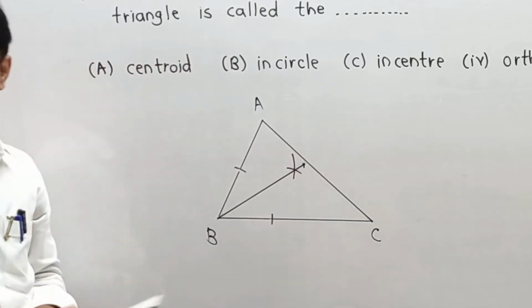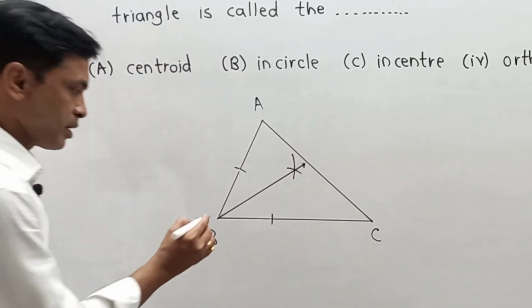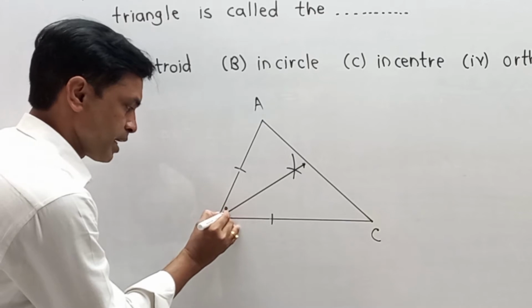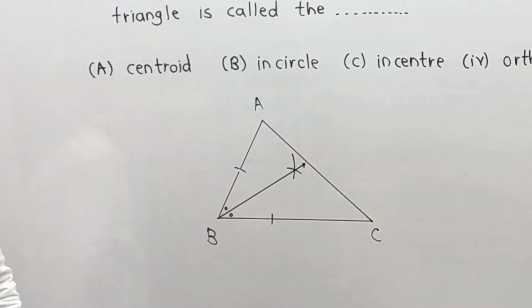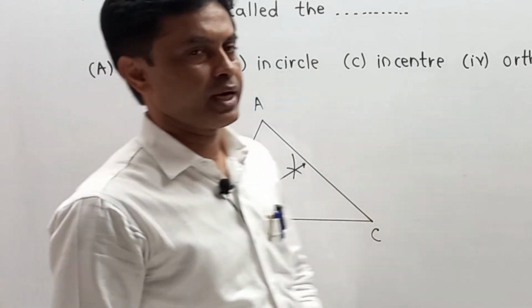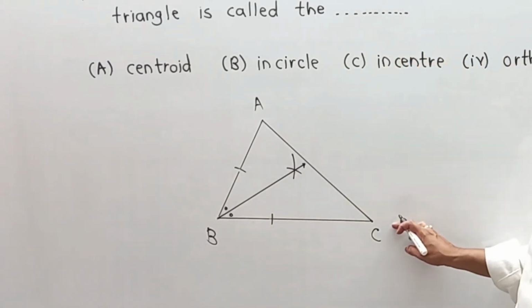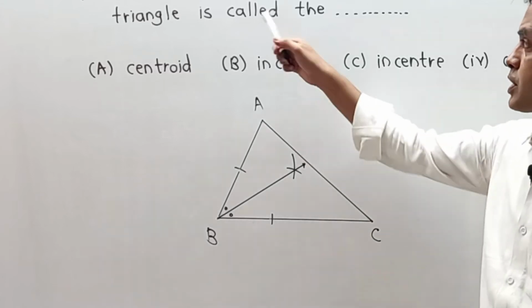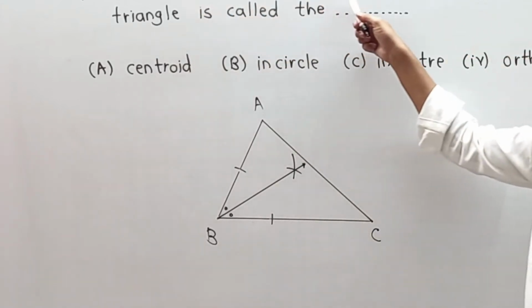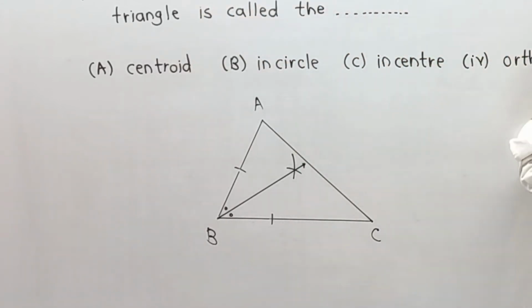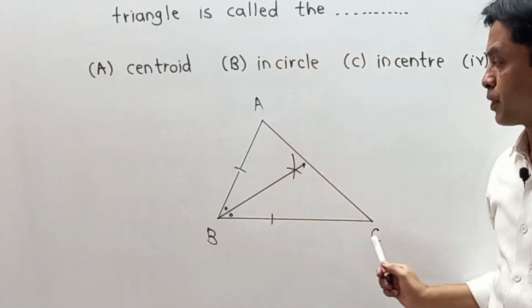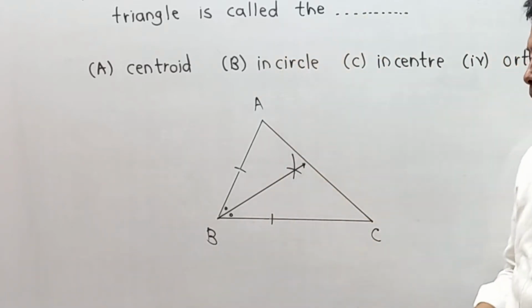This is the angle bisector of B, which means angle B is subdivided into 2 equal angles. In the same way, I am going to draw the angle bisector of the next angle, C. Remember, we are drawing this because the point of concurrence of all angle bisectors of a triangle means first we have to understand the triangle and all its angle bisectors.